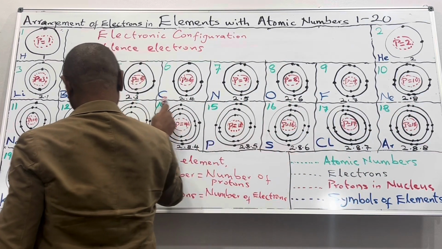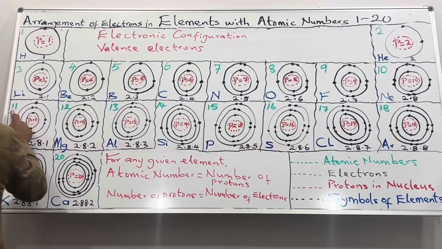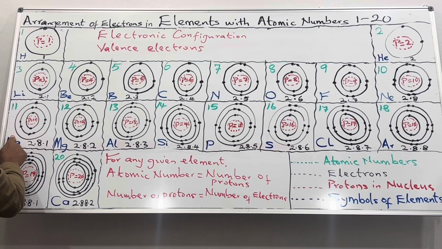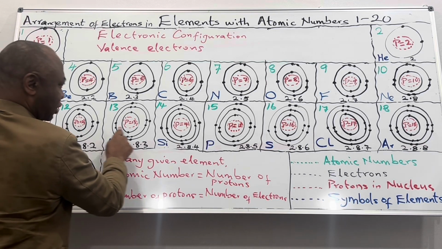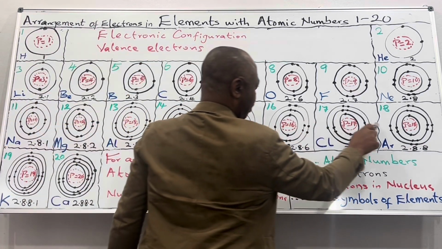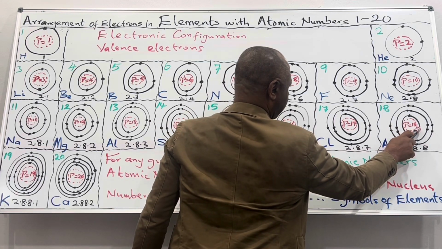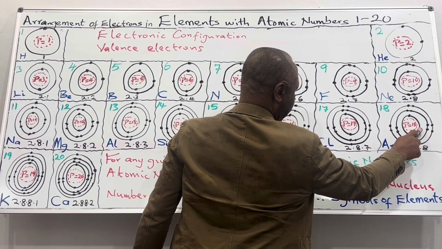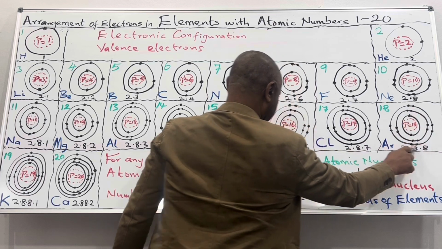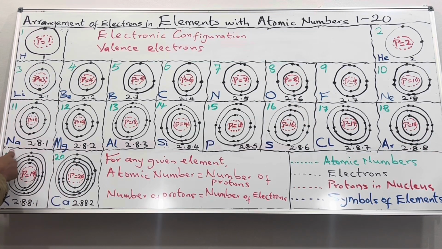Then you move to the next atomic number 11, which is for sodium, and you progress. The third shell is complete here with 8 electrons. The next electron will have to be in a higher energy level, which belongs to the element potassium with atomic number 19, and so on.